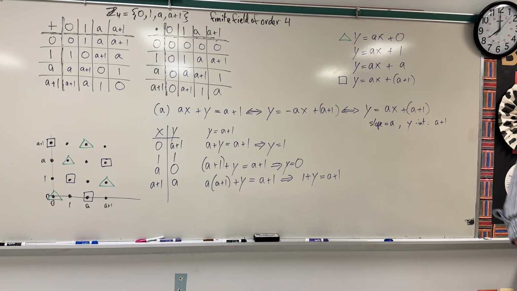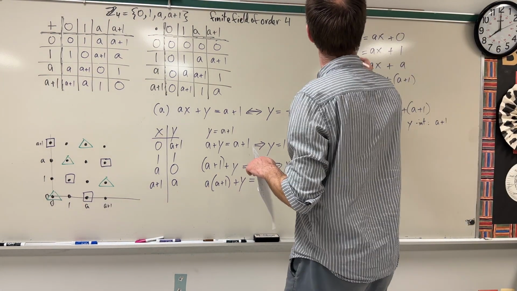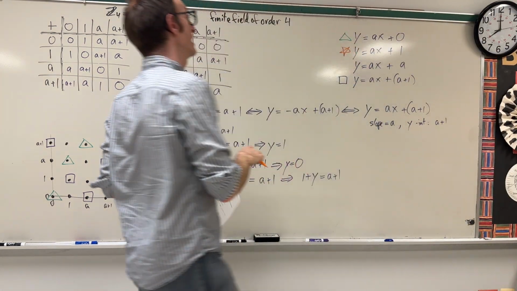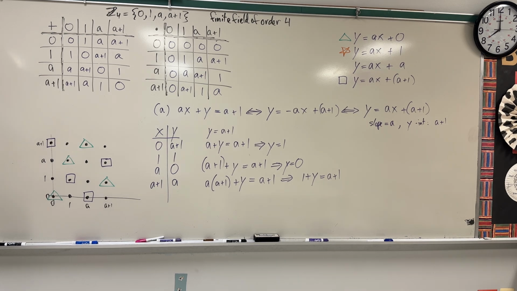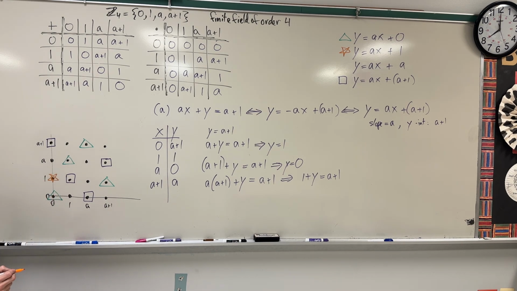I'll make an orange star now. What is the orange star? It's all the lines that satisfy y equals ax plus 1. So now, if I plug in 0 for x, I get y equals 1, so 0 comma 1. And then if I plug in 1 for x, I get y equals a plus 1.